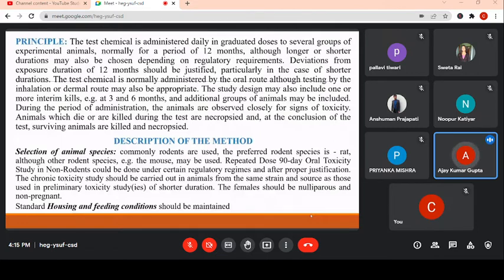The females should be nulliparous and non-pregnant, if chosen in the study or if there is a requirement to use them. Standard housing and feeding conditions should be maintained, which is already known to you because it is already there in the curriculum of the B.Pharm.